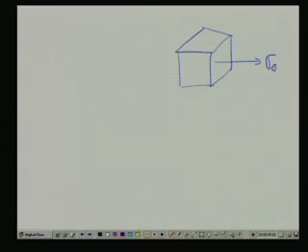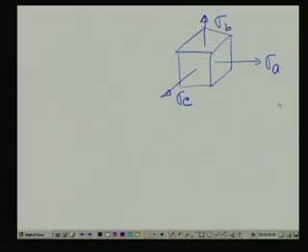Suppose a material, as I told you earlier, can have the stresses sigma A, sigma B, and sigma C. Let us write it clearly.